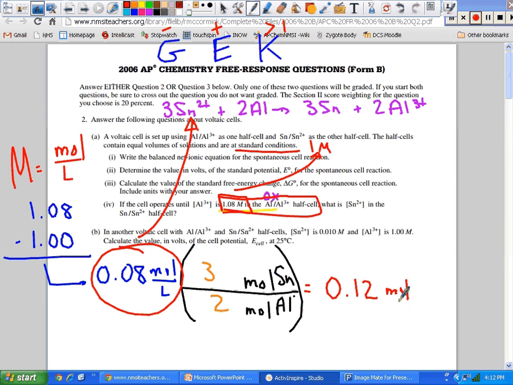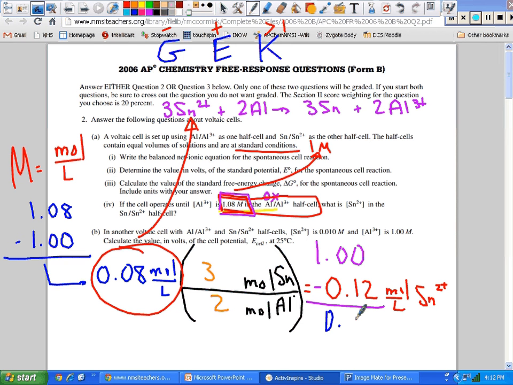2 plus. Well, again, what did it originally start at? It originally started at 1. So since it started at 1.00, that means it changed this much. But again, we said if this goes up, then what did the other one have to do? It had to go down. So you'll subtract, which gave us 0.88 molar.